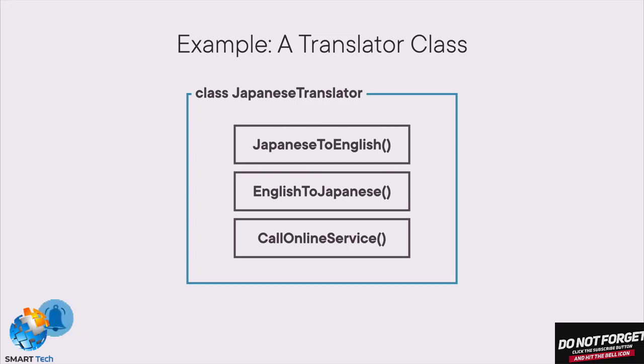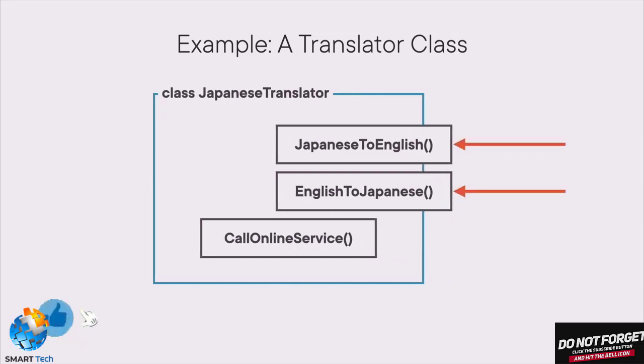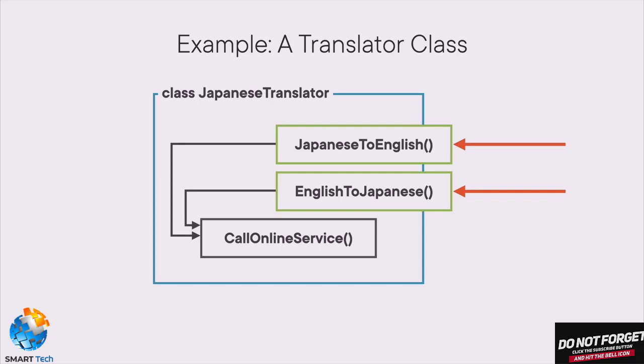So, 3 methods in this class, but only 2 of them are meant to be called from outside the class. They are public, part of the interface of the class. The 3rd method is only called from other methods inside the same class. It's private to the class, an implementation detail, and you want to hide it from the outside world.